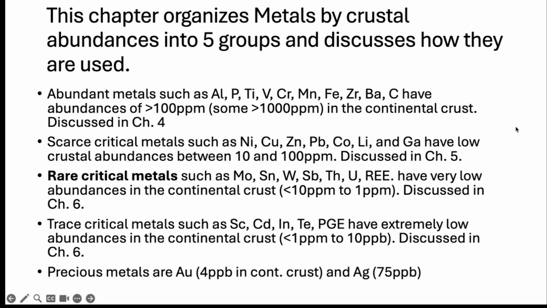You can tell that's antimony because that's short for stibnite. Sb is pretty much the only antimony-bearing mineral. W for tungsten is another puzzler, but it's because the main mineral for that is wolframite. So anyway, these elements and the rares all have low abundances in the continental crust, from less than 10 ppm to 1 ppm, and we get into these deposits in chapter 6.